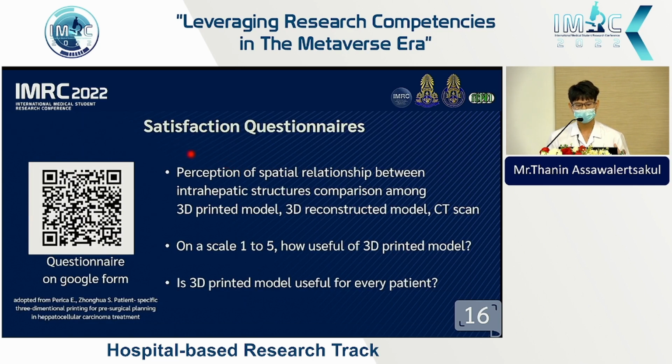After that, I met the surgeons, the hepatologist and the abdominal surgeon, to ask about the perception and relationship between the intrahepatic structures, comparing the 3D printed model, the 3D reconstructed model, and the CT scan, and to rate how useful the 3D model is.